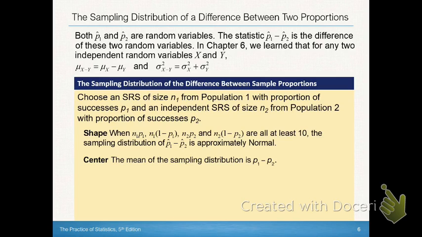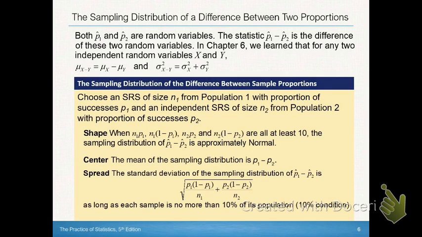For the center, we take the difference of the two population centers, and that should be the center of our sampling distribution. And again, for spread, we have to find the variances, add the variances, and then take the square root of that to turn it back into a standard deviation.